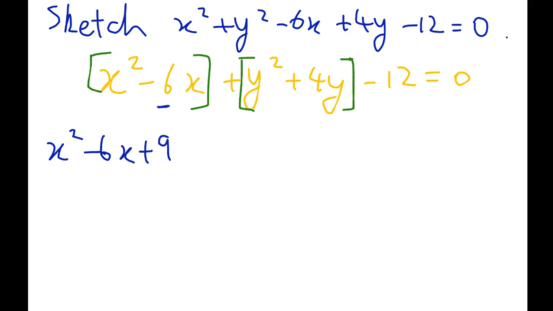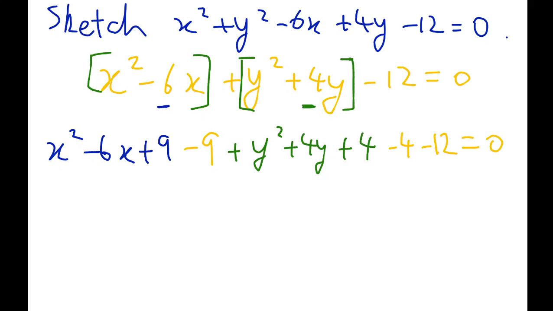So you have to do minus 9. And then for the y bit, if you halve that number and square it, you get a 4. So then we have y squared plus 4y plus 4, and then we have to subtract the 4 again, because you can't randomly add a 4, and then you have minus 12 equals 0.